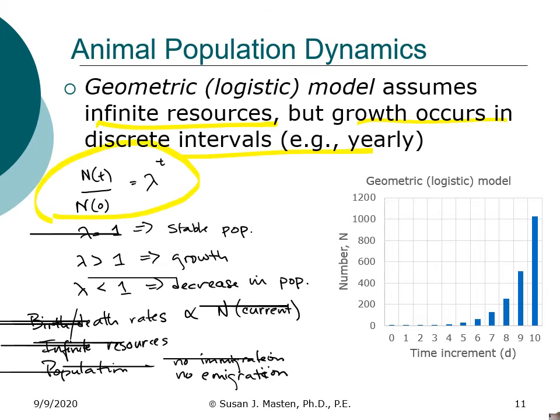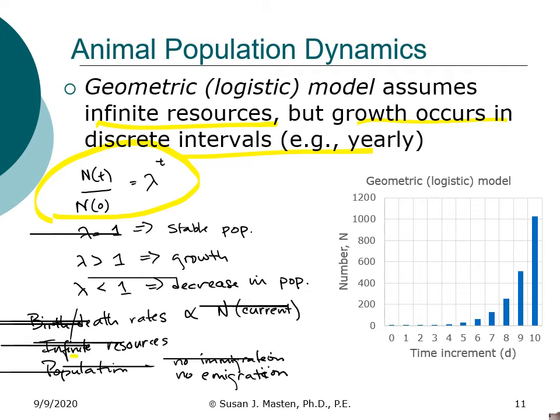So the equation is given here. N at time t divided by N naught at 0 is equal to lambda to the t. So lambda is our growth rate. If lambda is equal to 1, we have a stable population. If lambda is greater than 1, we have growth. If lambda is less than 1, we have a decrease in population.